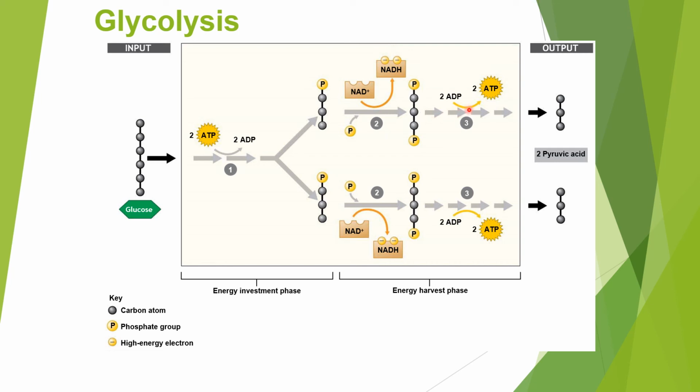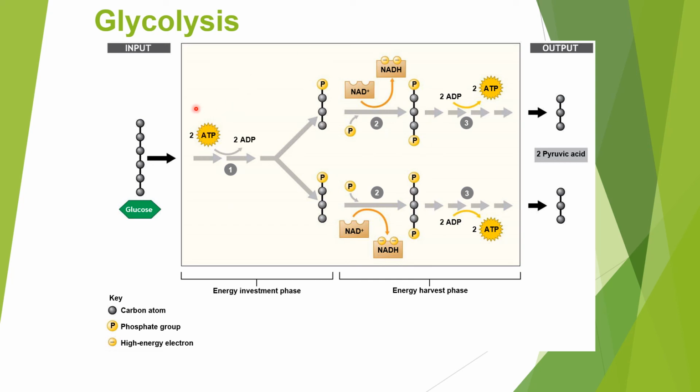Next, what's going to happen is 2 ATP for each pyruvic acid is going to be released. So therefore, 4 ATP molecules are produced. But what is the net outcome of ATP? The net outcome is only 2 ATP. How come? Even though you did produce 4 ATP molecules, you had to use 2 ATP at the beginning.